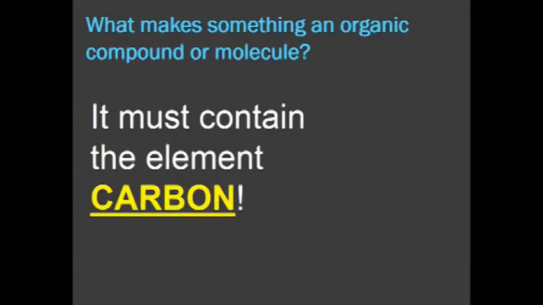Alright, so a bit of review. What makes something an organic compound or molecule? It must have carbon. If it doesn't have carbon atoms in it, it's not an organic molecule. We saw this a little bit in the second video. I brought up alcohol, OH, as a functional group.